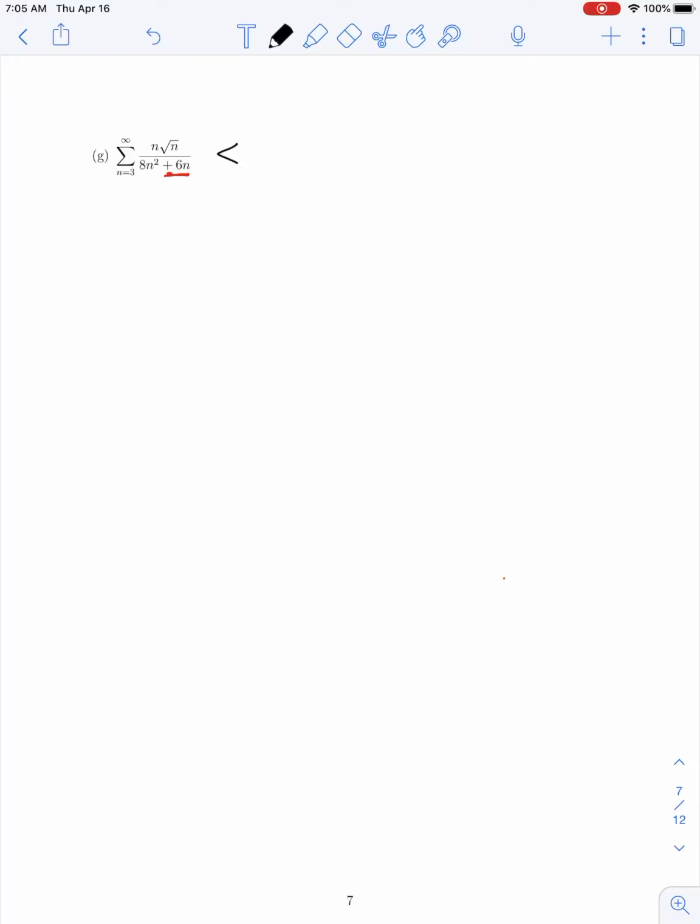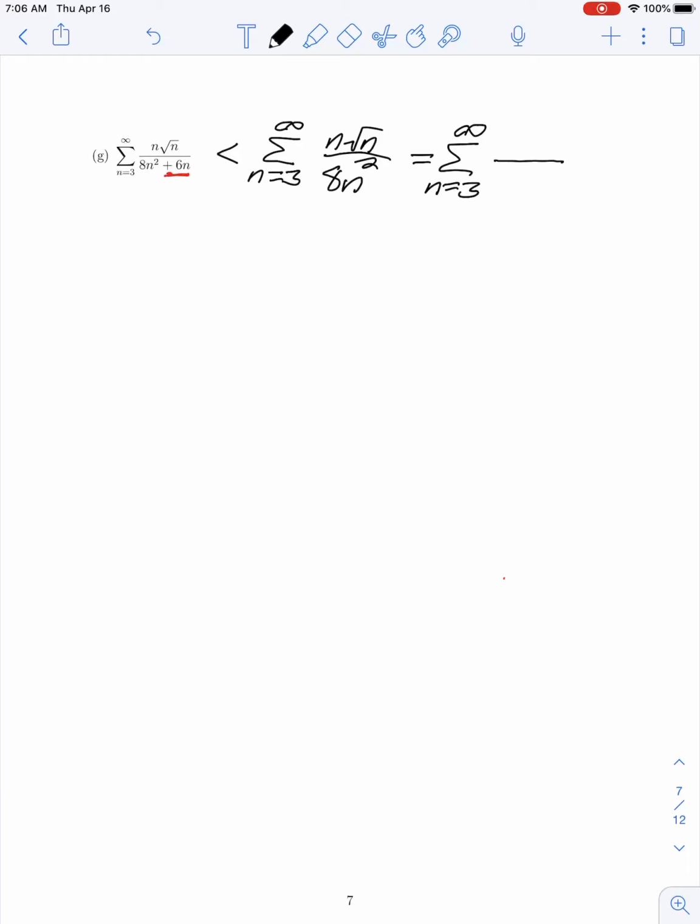So if I leave out a term in the denominator, I would get a series which is larger. So here we would have n root n over 8n squared is what we're comparing with. Or if we simplify this a little bit, we have the sum from 3 to infinity. Our numerator is n square root of n, or n to the 3 halves. My denominator is 8n squared.